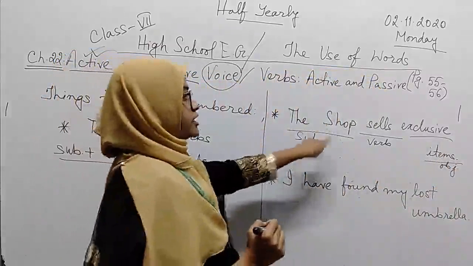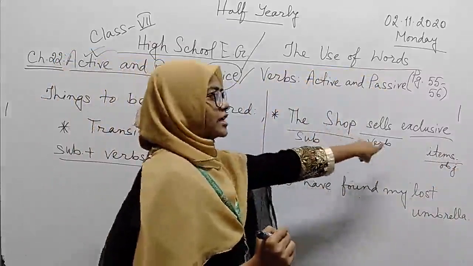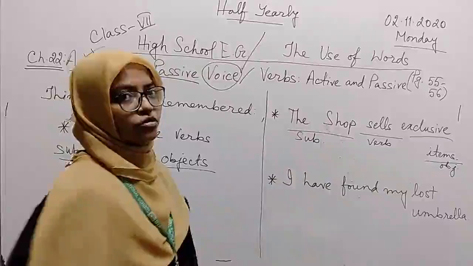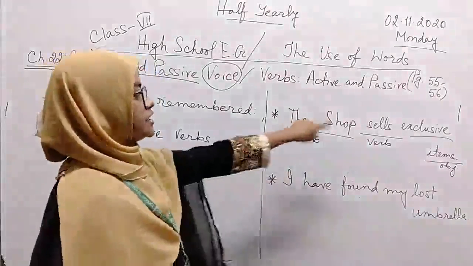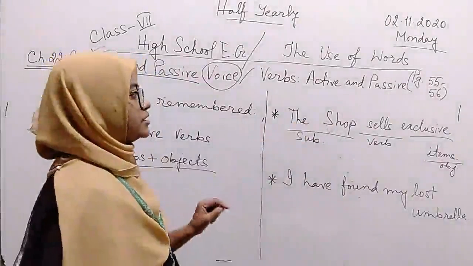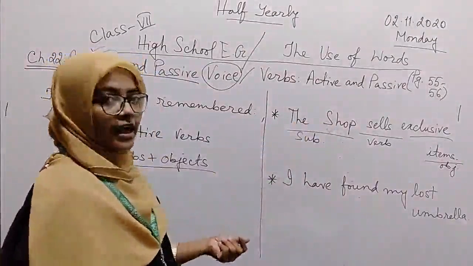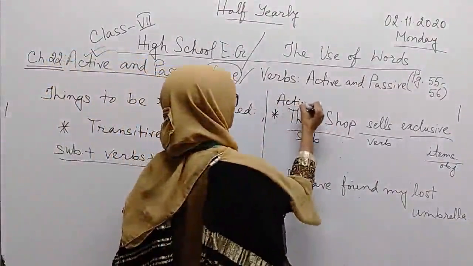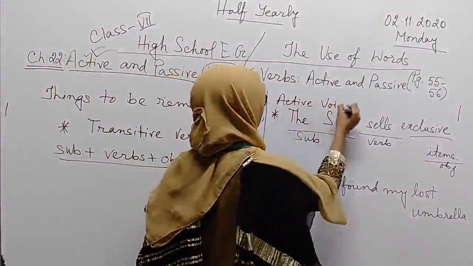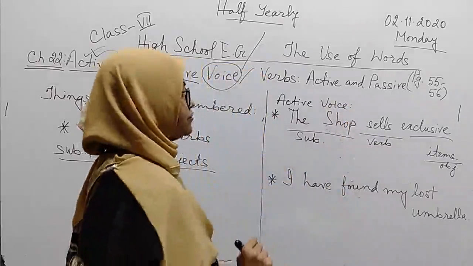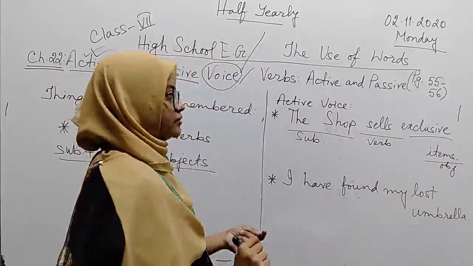So the subject is or does something actively. The shop sells exclusive items. The subject is active, so we can say the verb is written in active voice. So this is an example of active voice.